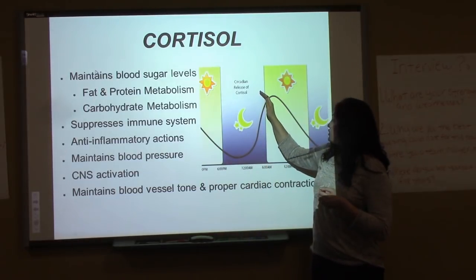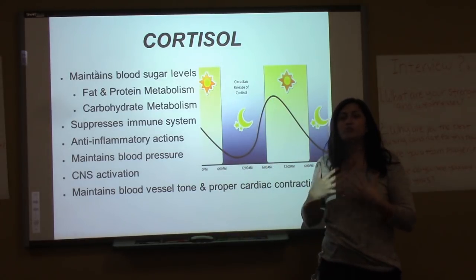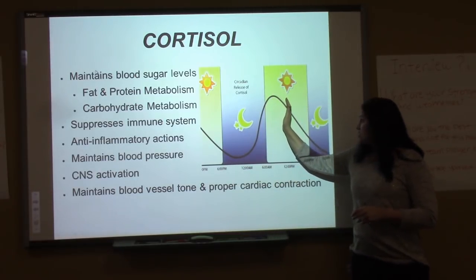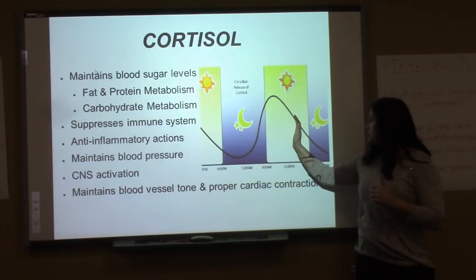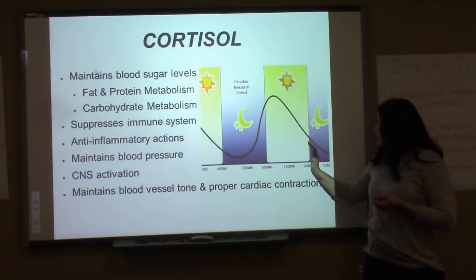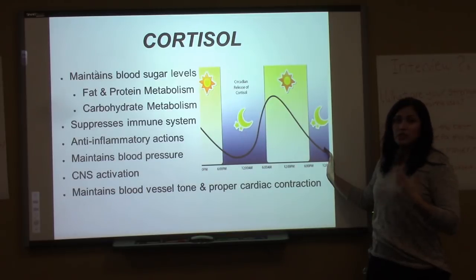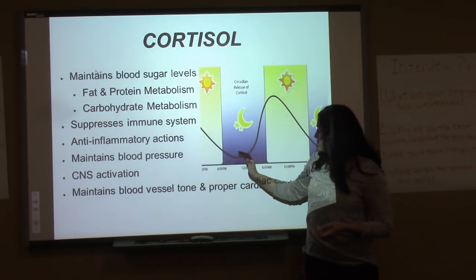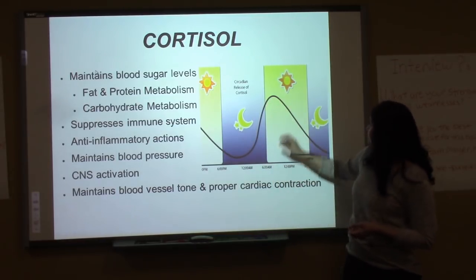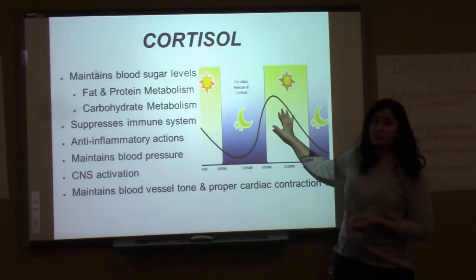Therefore, it peaks 1 to 2 hours before, trying to help you deal with that stress. And then as the day progresses, the cortisol levels slowly start to decline. It is again the lowest at midnight, and then once again, it slowly starts to rise. That is your circadian rhythm.